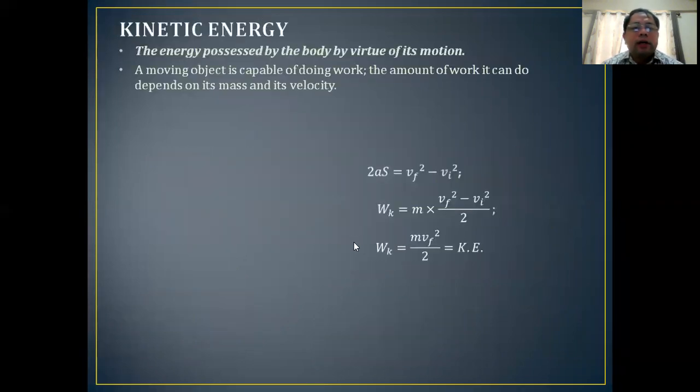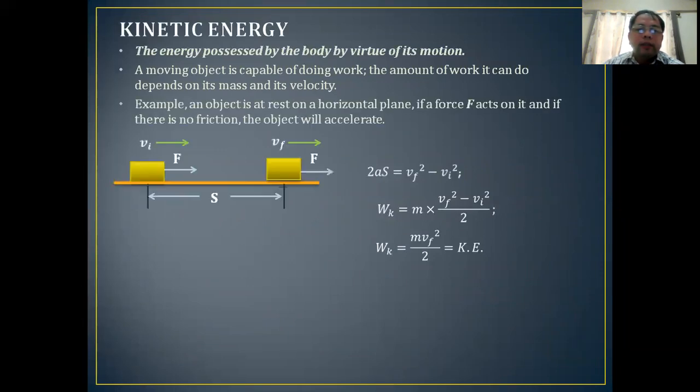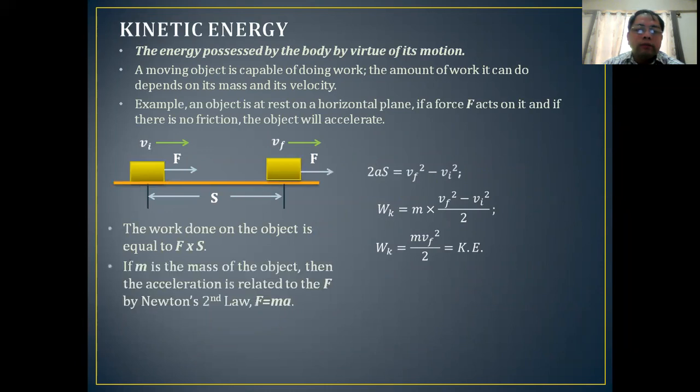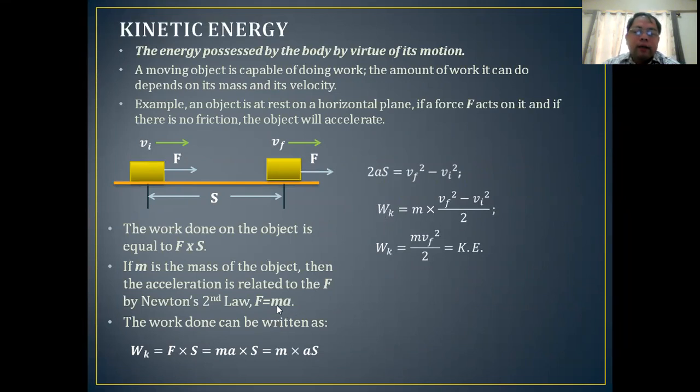Now, another type of energy that we know is the kinetic energy, which we derive its equation by using the second law of Newton and then relating it to the equation F = ma, our Newton's second law. Again, we derive the value of our kinetic energy equation by using the work equation.